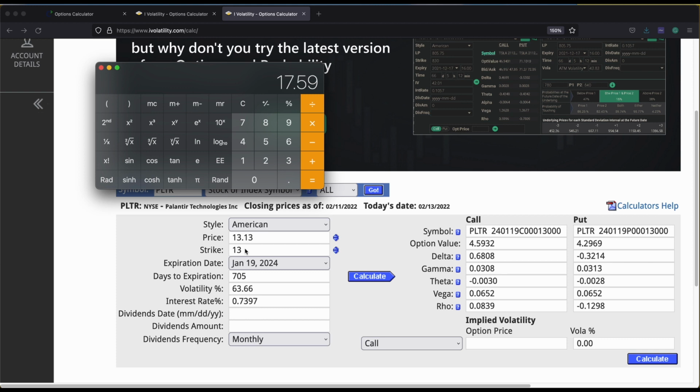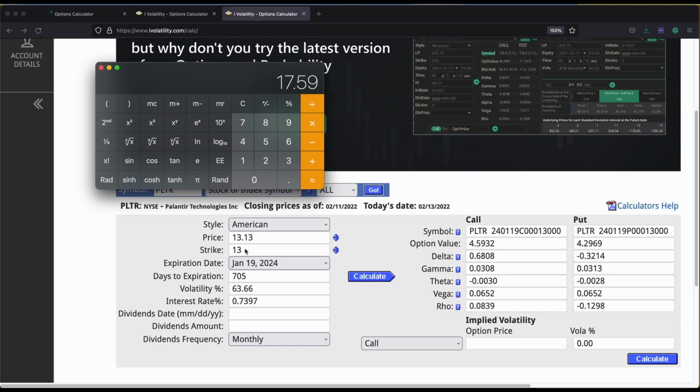Now the interesting point is, what do you think is the bottom of Palantir if things go wrong? You are risking $4.59, and the decline in Palantir could be more than that, so you would limit your downside by buying an option at $4.59 or $4.6.